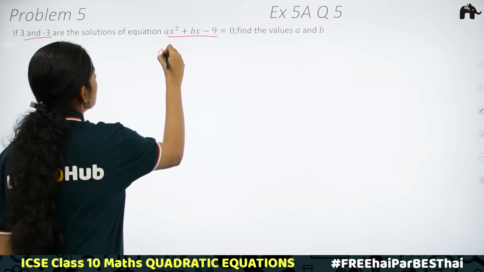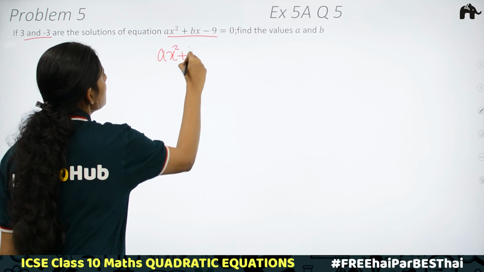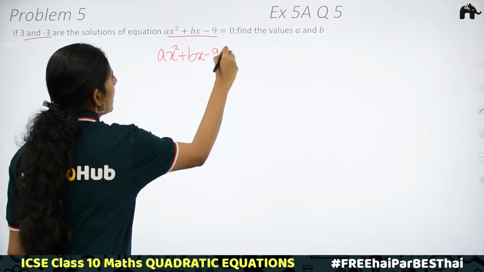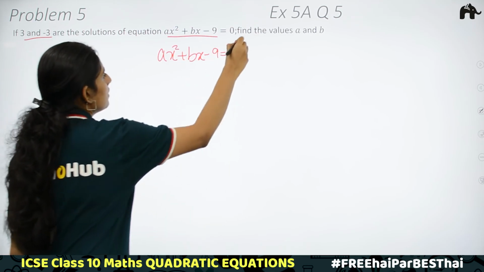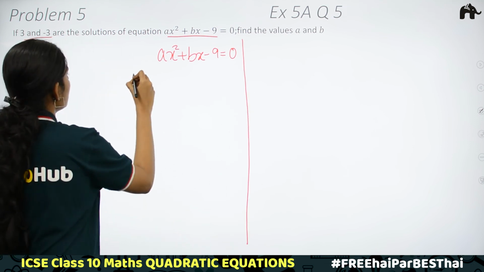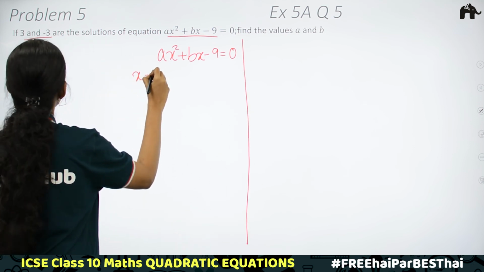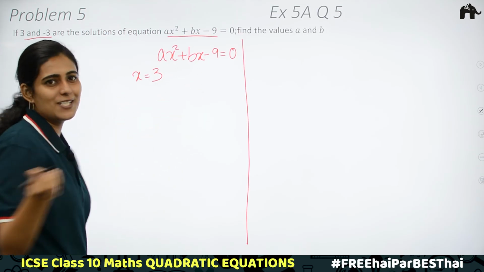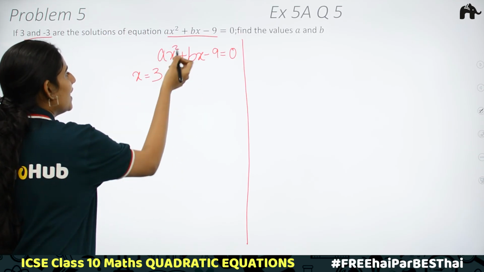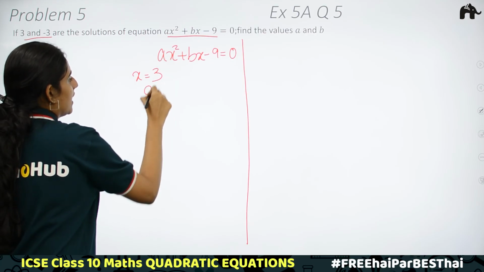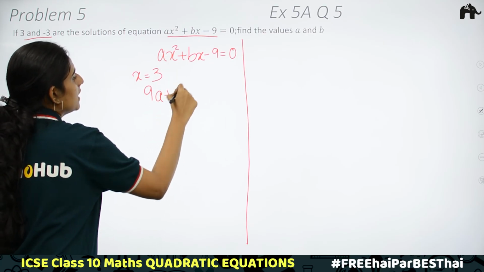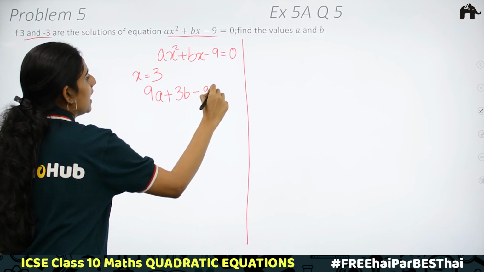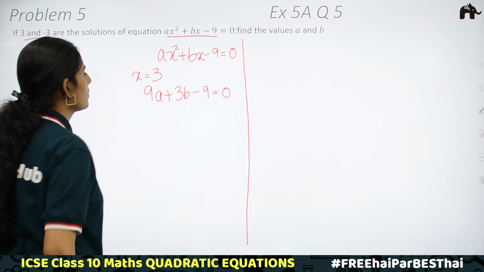Let's do this. ax square plus bx minus 9 is equal to 0. First step, substitute x is equal to 3. Now you are experts in doing this problem. 3 square is 9, so 9a plus 3b minus 9 is equal to 0.